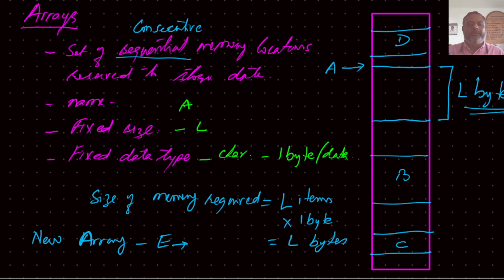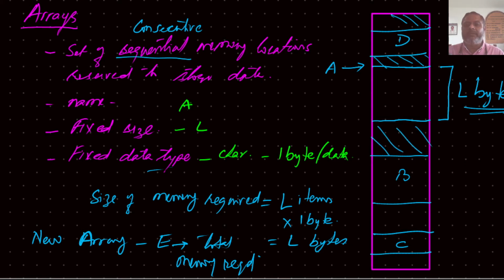So depending on that, find out the total memory required, and then search for it. So can we accommodate it in this blank space? This is blank, this one is blank, this one is blank, this one is blank, and this one is blank.